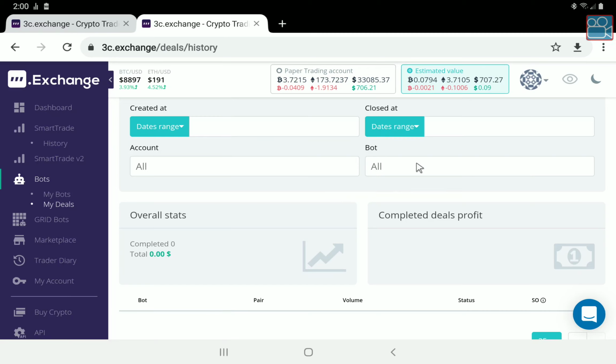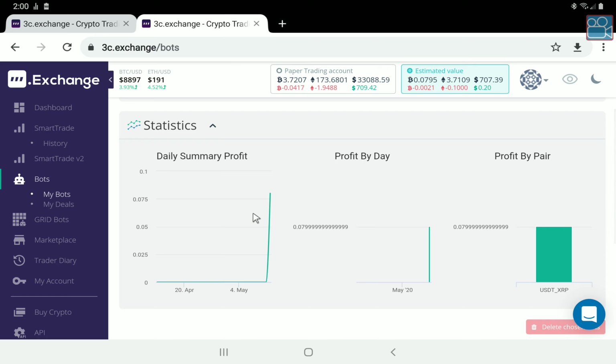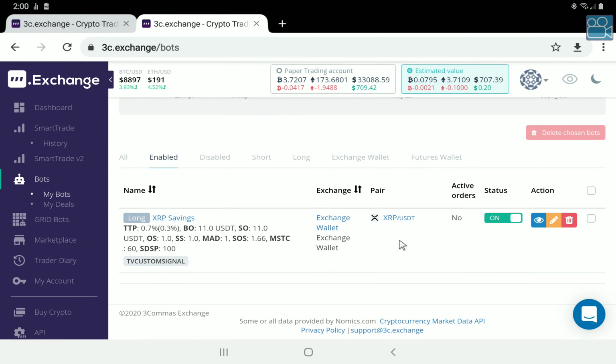I made a whole whopping 8 cents this morning. I'll probably have to go to the bots. Yep, here it is. My actual profit. One deal so far. Not going anywhere fast. But I'm happy with it. It did better than I expected it would.